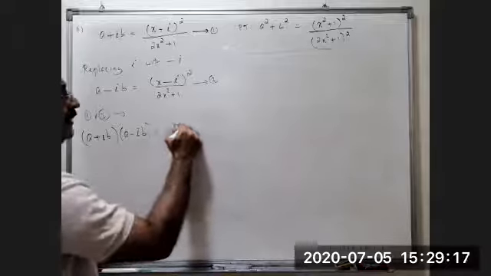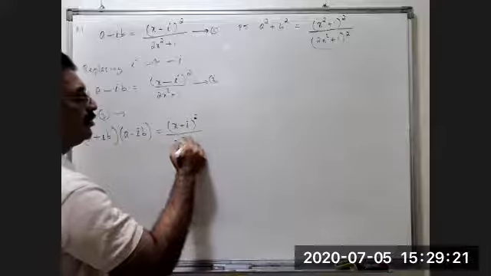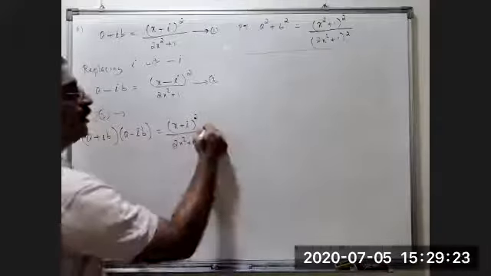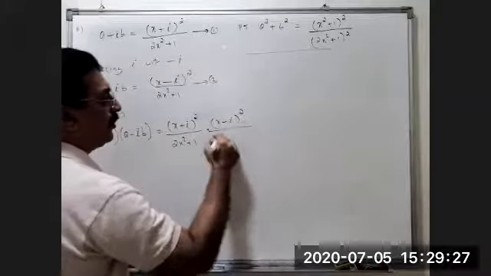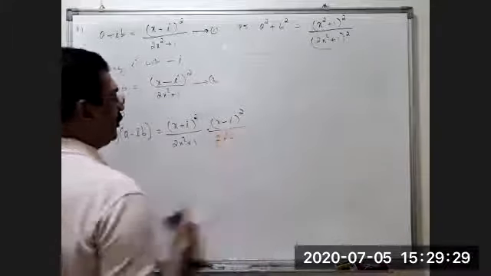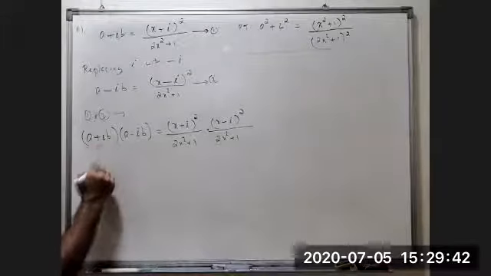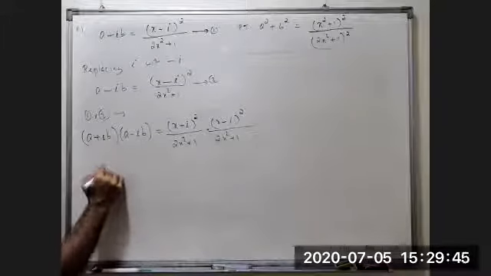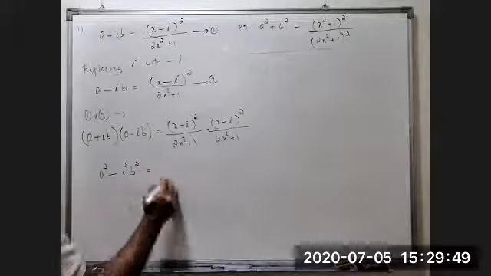Right hand side: (x + i)² by (2x² + 1) multiplied with (x − i)² by (2x² + 1). (a + ib)(a − ib) is a² − i²b².